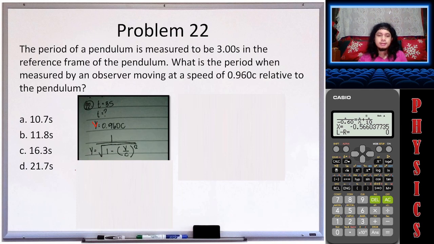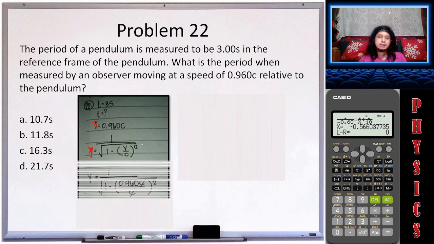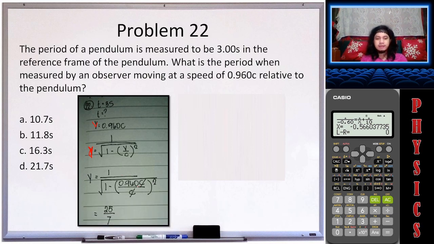Okay. So, gamma equals 1 over square root of 1 minus v over c squared. Then, substitute lang natin yung velocity na 0.960 c. Cancel. Then, pindot natin sa calculator. Pag pinindot natin yan, lalabas is 25 over 7.